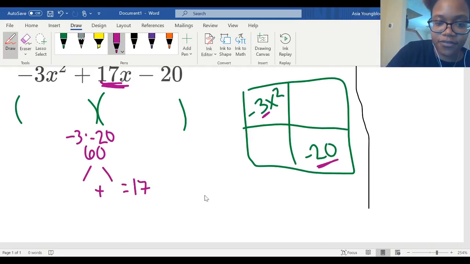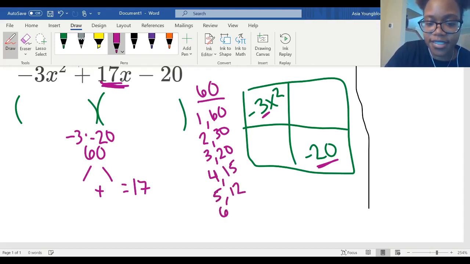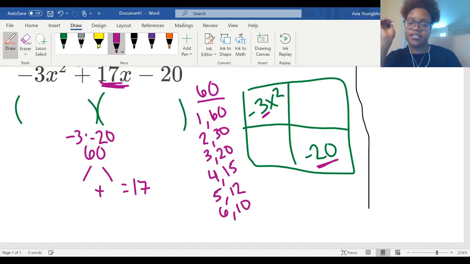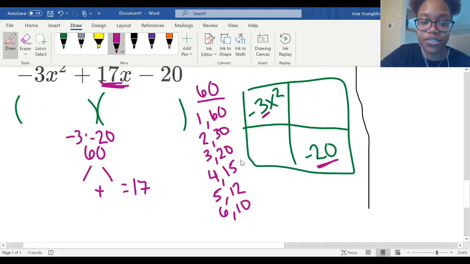So let's think of the factor pairs for 60. 1 times 60. 60 divided by 2 is 30. 60 divided by 3 is 20. 60 divided by 4 is 15. 60 divided by 5 is 12. 60 divided by 6 is 10. 60 divided by 7, 60 divided by 8, and 60 divided by 9 are all decimals. So we will skip those numbers, and these are all of the factor pairs for 60.